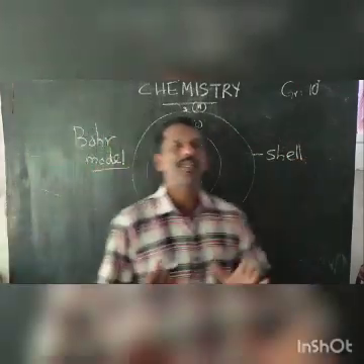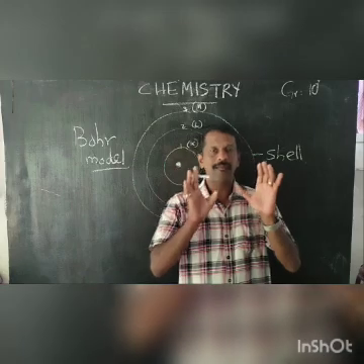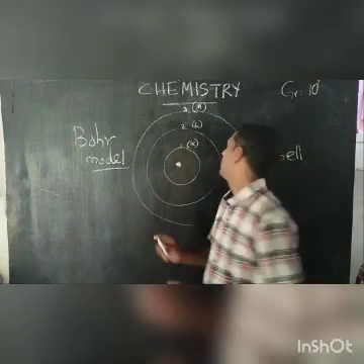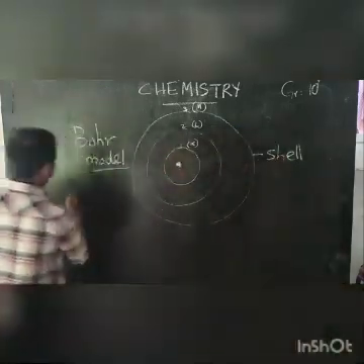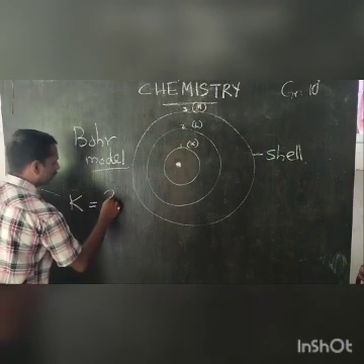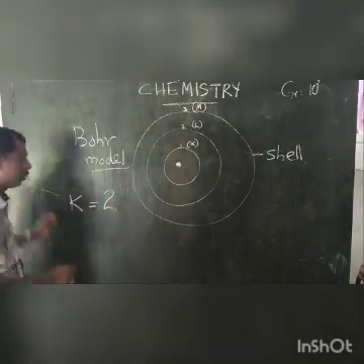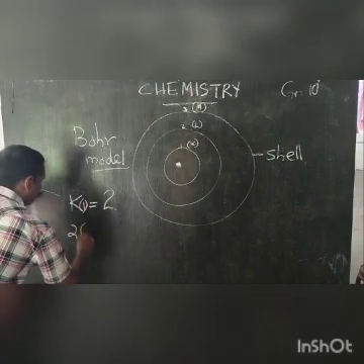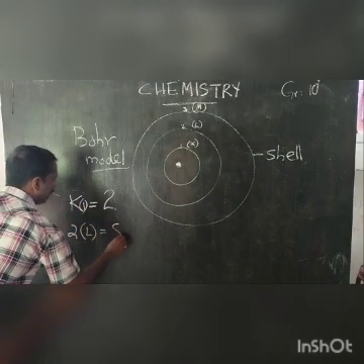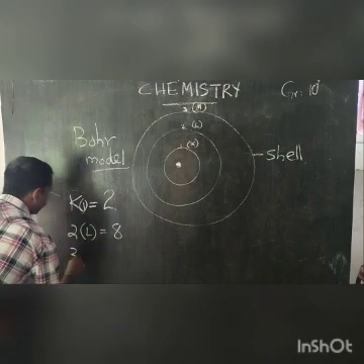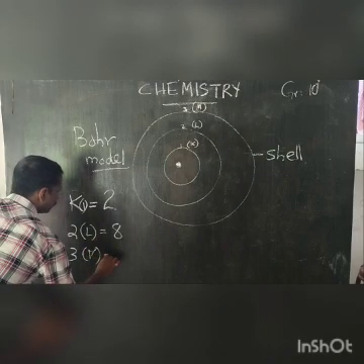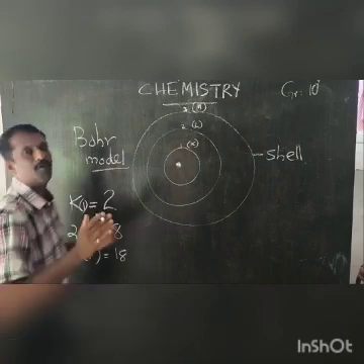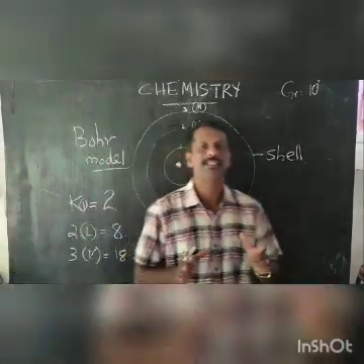The maximum number of electrons that can be accommodated in a shell, we also discussed. In the K shell, the first shell, it is 2, in the second shell or L shell it is 8, in the third shell, M shell, it is 18, and in the fourth shell, N shell, it is 32.